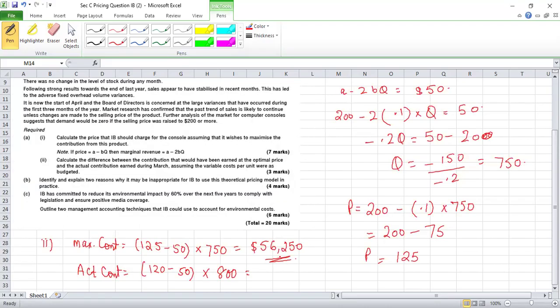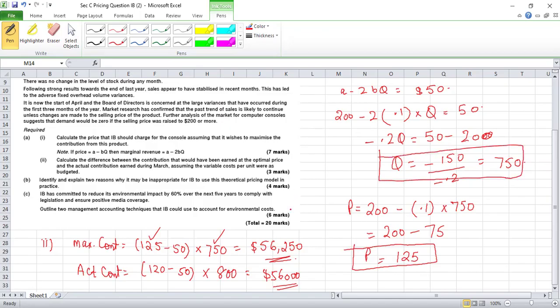And the second one is 70 into 800, which is 56,000. So we have a maximum contribution at a selling price of 125 along with 750 units. So it proves that this is the profit maximizing price and this is the profit maximizing quantity.